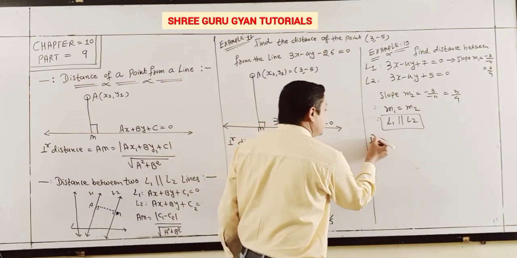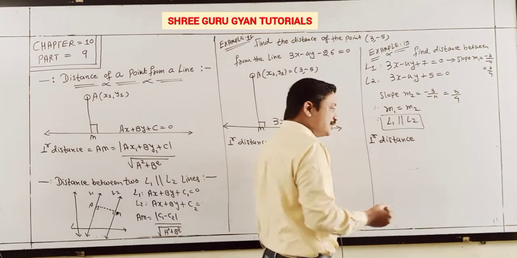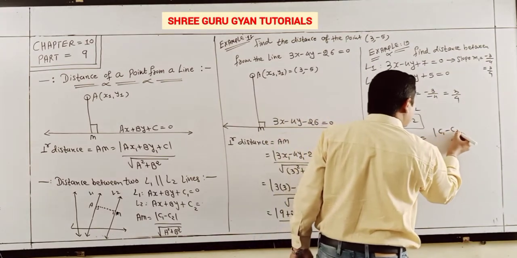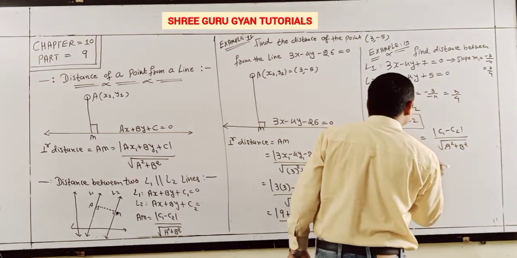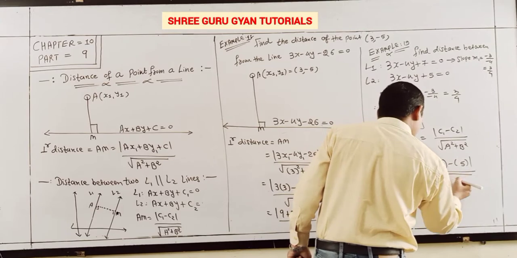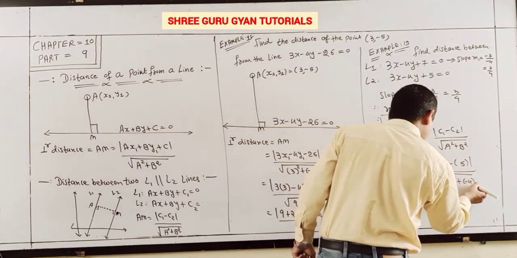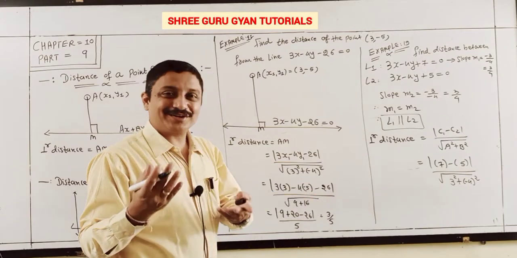So the perpendicular distance between L1 and L2 is c1 minus c2 by under root a square plus b square. c1 is 7, c2 is 5, and a square plus b square is 3 square plus minus 4 square. Now very easily you can calculate the answer.